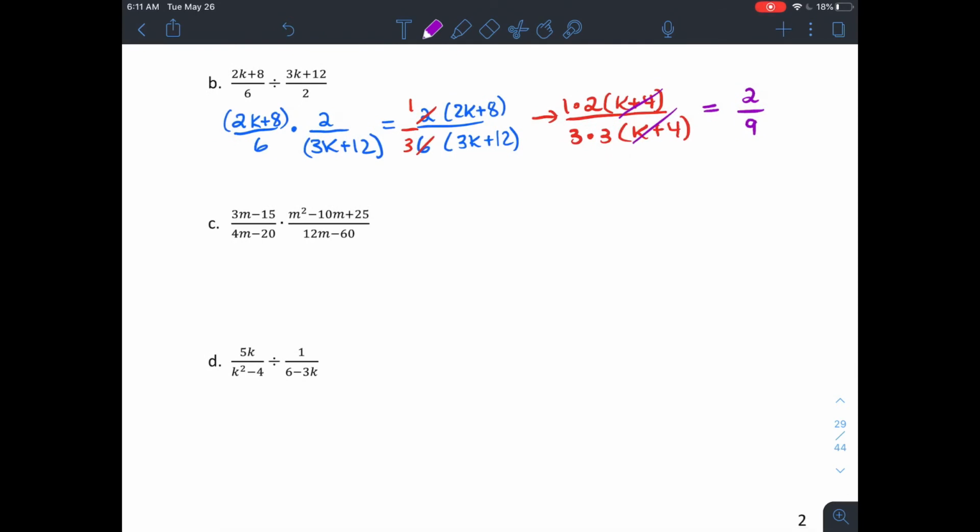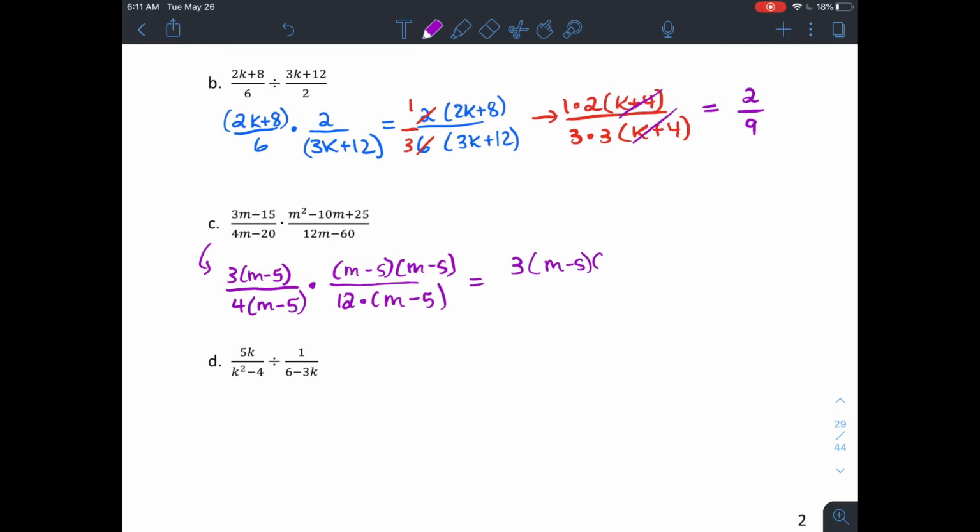If you look at this one, there's a lot more factoring to do, so it's way easier to factor first than it would be to distribute everything together and get a mess. So if you factor out your common factors, and then the second one's going to factor into m minus 5 times m minus 5, and you can factor out a 12. Again, I'm going to kind of reorder things here and just rewrite it.